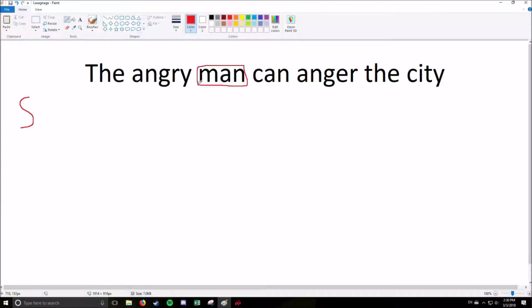It includes adjectives, so in this case, angry. And it includes any modal verbs, in this case, can. And so therefore, the first word of our sentence will include angry, man, and can.